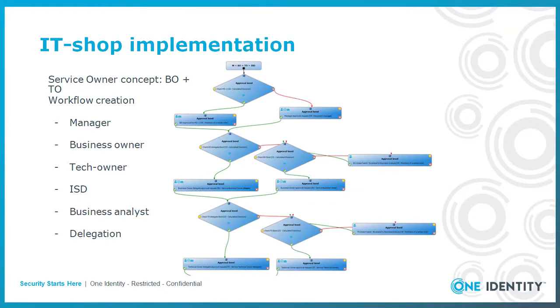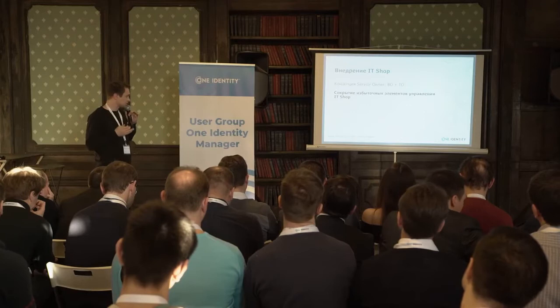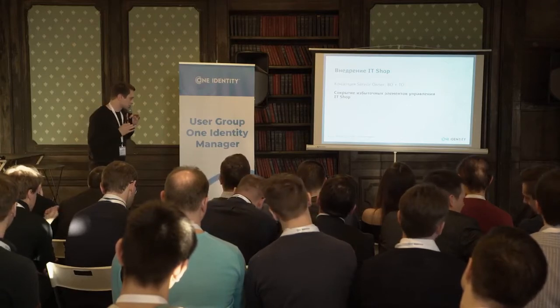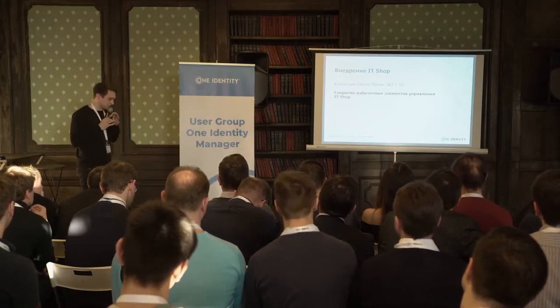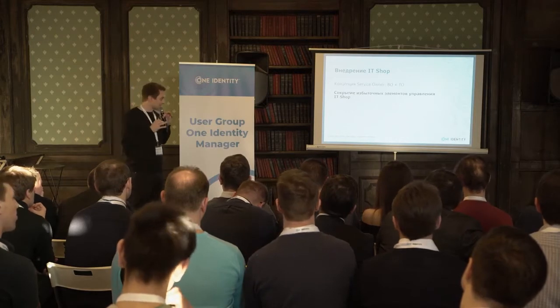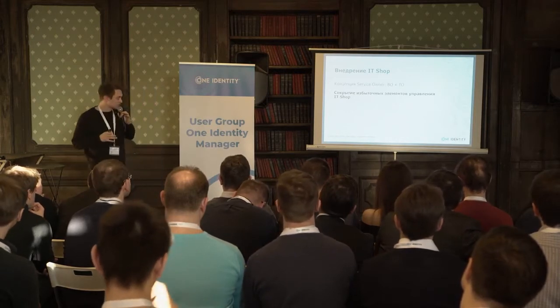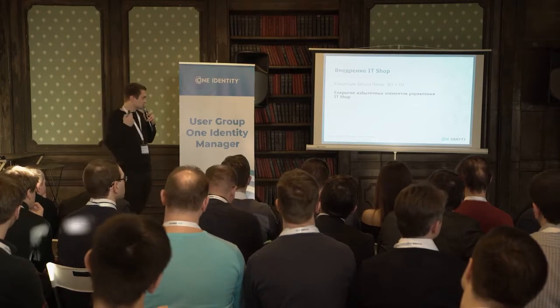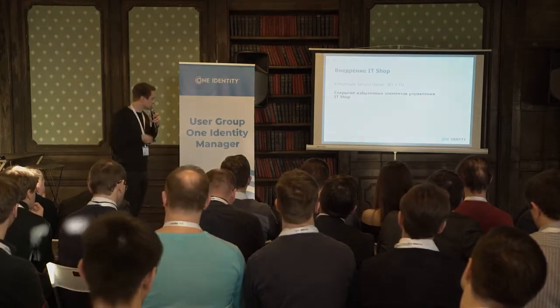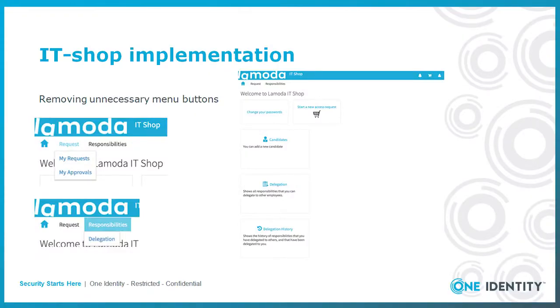The first slides on IT Shop showed that we don't have many icons in the main user interface. So we tried to simplify things. We wanted to use all the One Identity and IT Shop features to remove the things which were not clear to us and neither to the user. And we wanted to keep only what was really necessary to the user and to the business. And that's the way it looked.